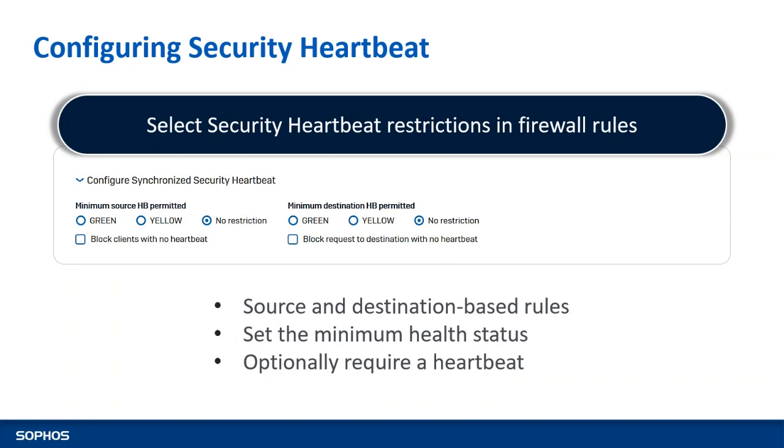This means that any device that does not run Sophos Central would not be able to meet the requirement, and this can be used to block unknown devices on the network. Note here that destination restrictions cannot apply to computers in the WAN zone.